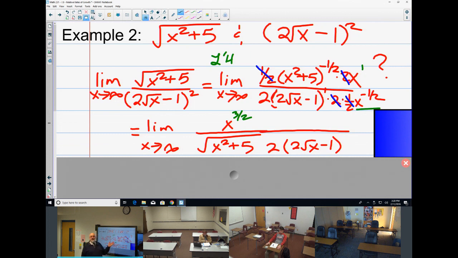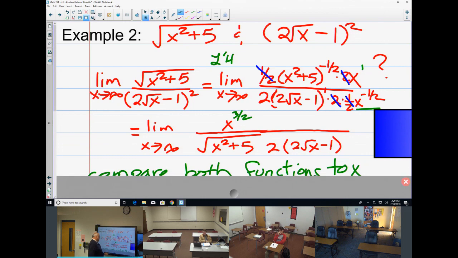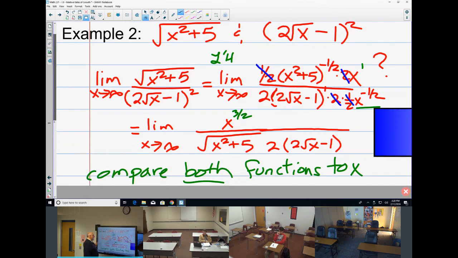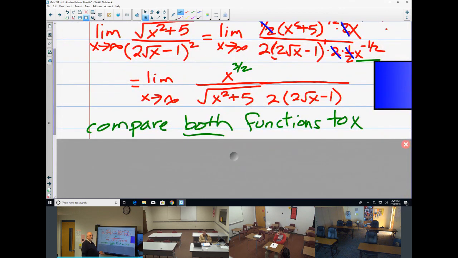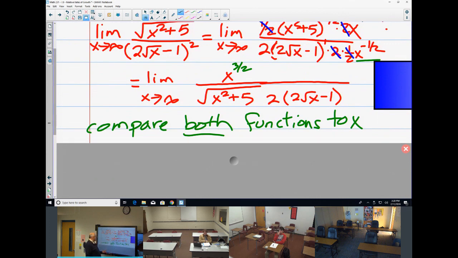So all I'm trying to say here is that this one's not easy to do. So instead, what you do is you compare them to a third function, and usually something easy like x. So we're going to compare both of them to just x, y equals x.